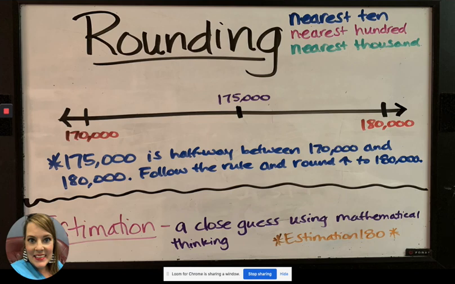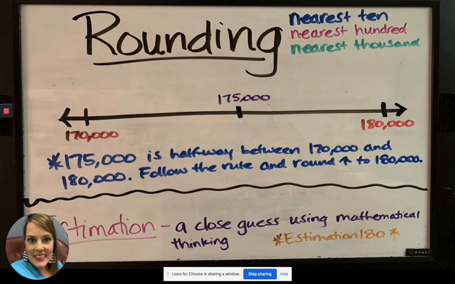So in this unit, when you were learning this, you used the number line to help you. And so you'll notice that I created a number line, and I started with 170,000, and at the end of the number line is 180,000. And in the middle is our number, which is 175,000. So 175,000 is halfway between 170,000 and 180,000.